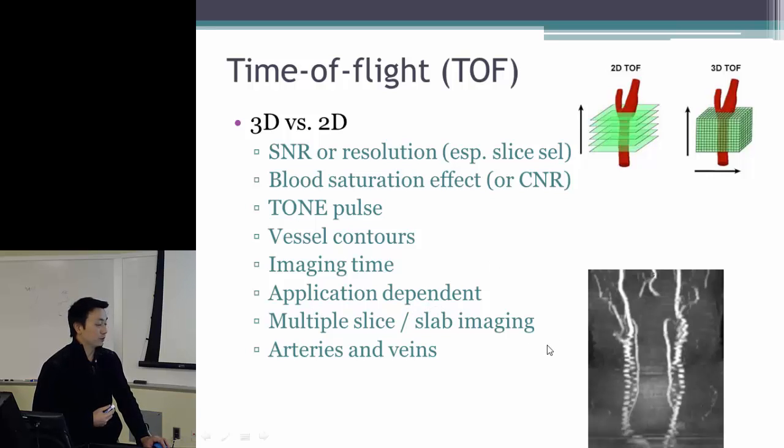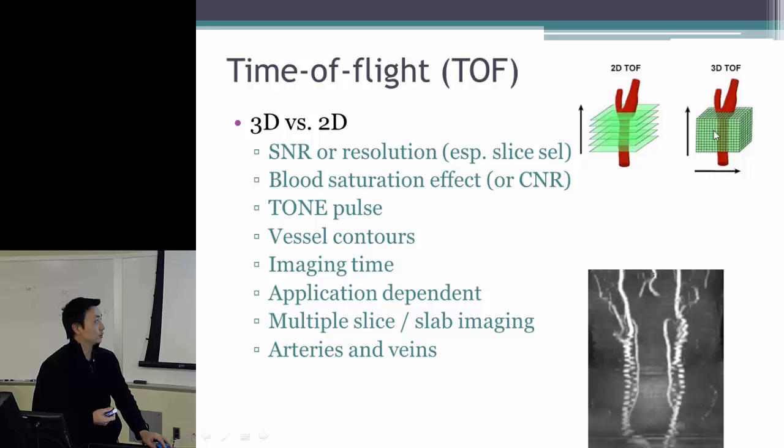Most of the time, if we are collecting the MRA in the neck, it will be enough to just use the 2D TOF, because the vessels in the neck are all very thick and the blood flow is very fast.